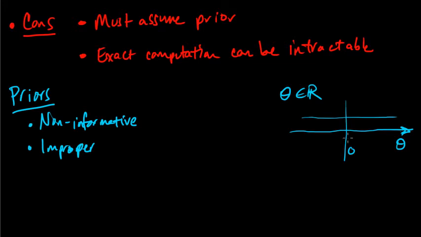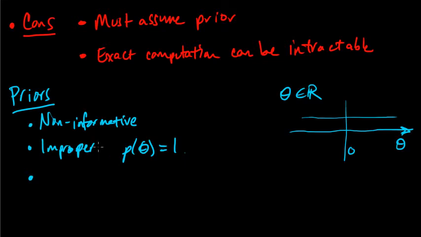But the problem is that on the real line, you can't have a constant function that integrates to 1. So in particular, there's no probability distribution that satisfies that. And that's called an improper prior. So p of theta equals 1 would be an example.